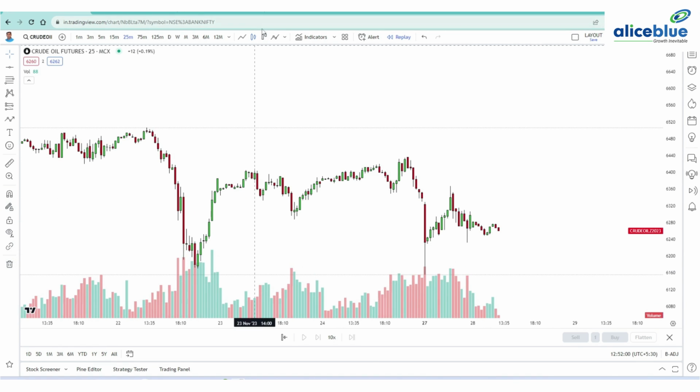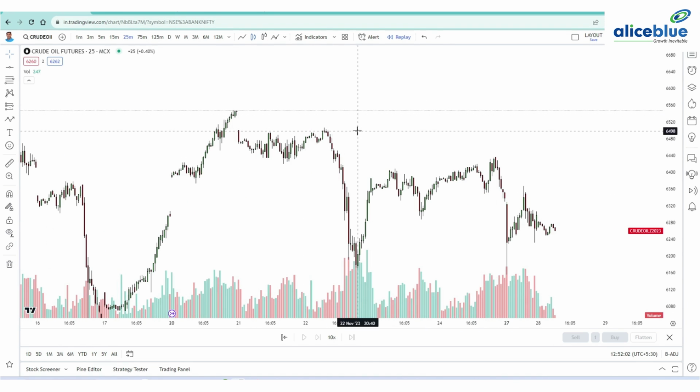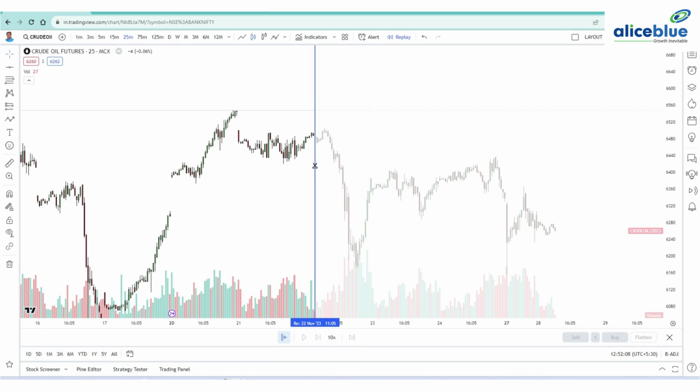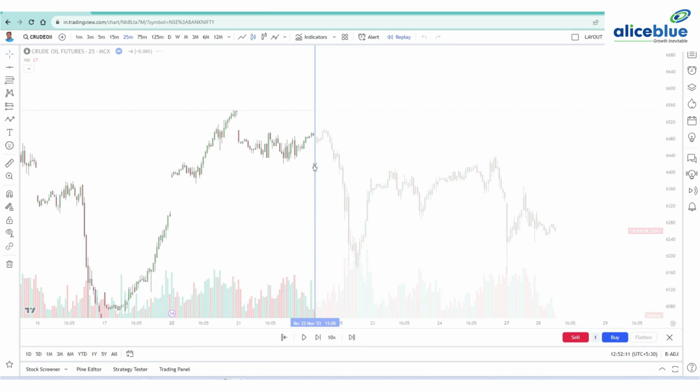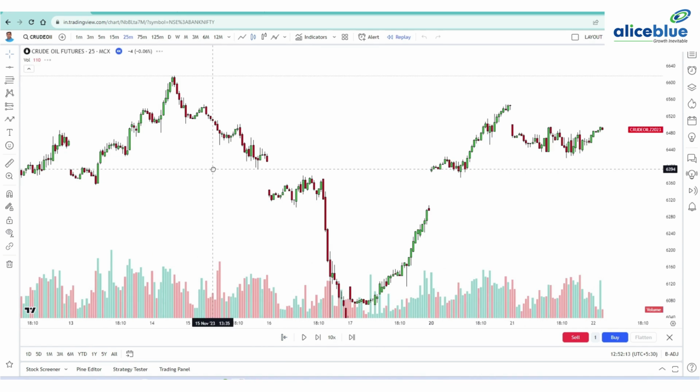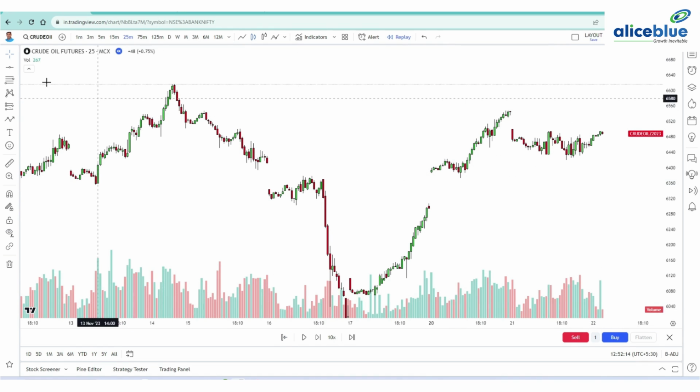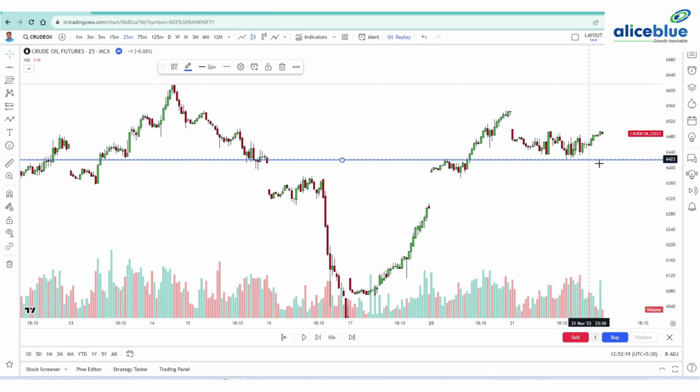So here on the day of 22nd, I'm taking this day, just taking the bar replay over here. By using the previous price action, I am taking the support and resistance levels. This is my support level because the price is trading upside.